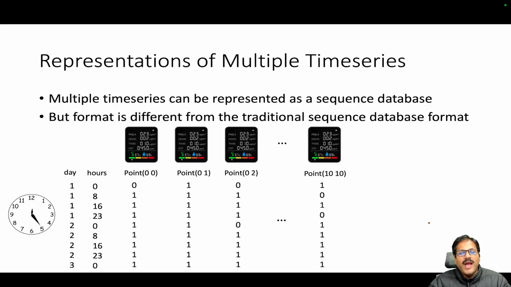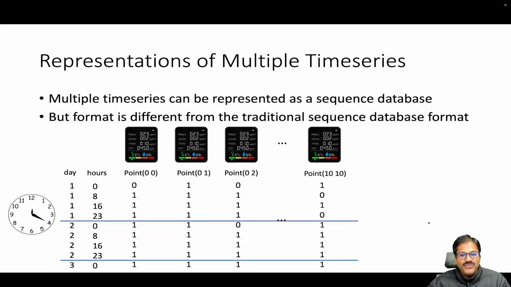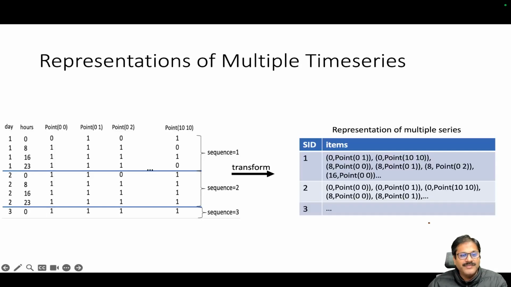Assume we have the multiple time series data. Now, in the first step, with respect to the time, we split the data into segments. Here we have 3 days, day 1, day 2, day 3. So we have split the multiple time series data into 3 segments, which are sequence 1, sequence 2, sequence 3.